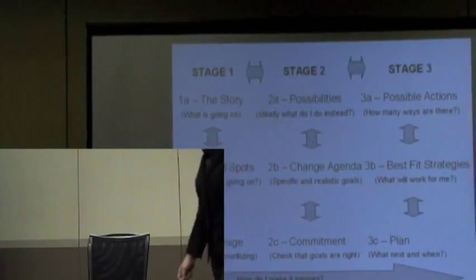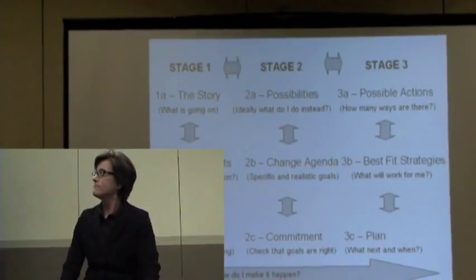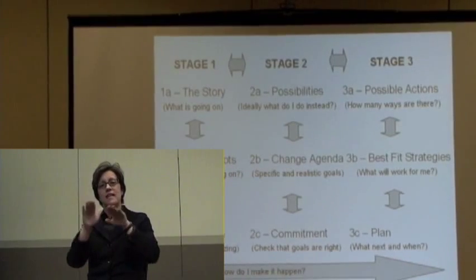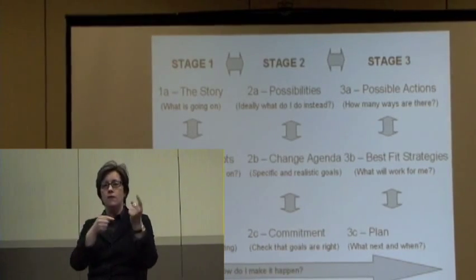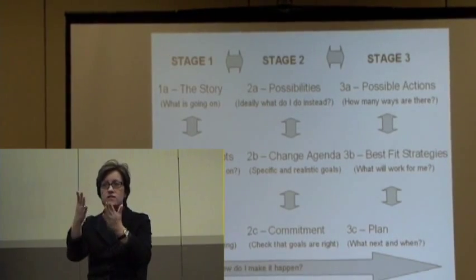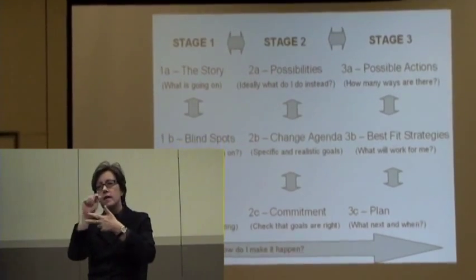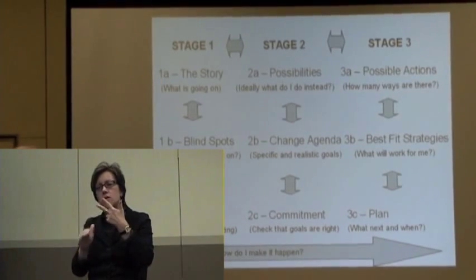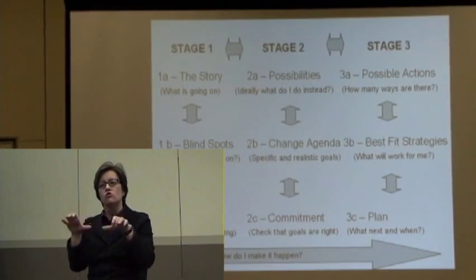All right, it then goes through these 3 stages. And as you see, there's arrows going back and forth. This is not a lockstep process. You don't stay in phase 1. Okay, good, phase 1 is done. Now I can move to phase 2. You will find yourself moving back and forth between the skills as you're doing the process.